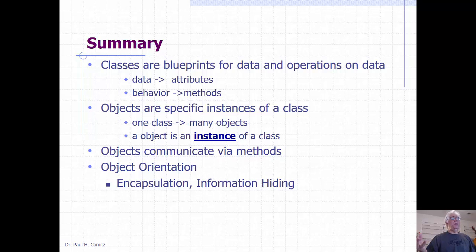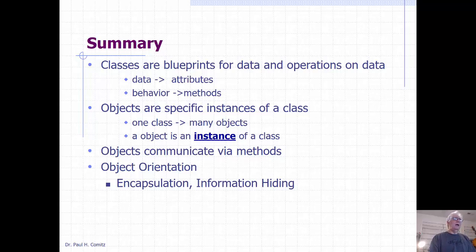And the thing you'll hear people say: an object is an instance of a class. Objects communicate via methods, and you will write plenty of classes, instantiate plenty of objects, and have plenty of methods in the classes that manifest themselves in your objects.